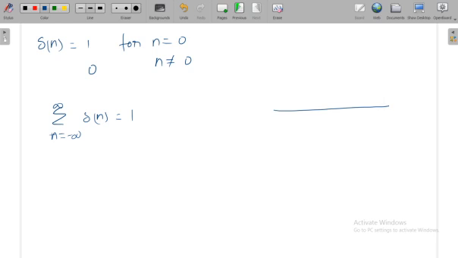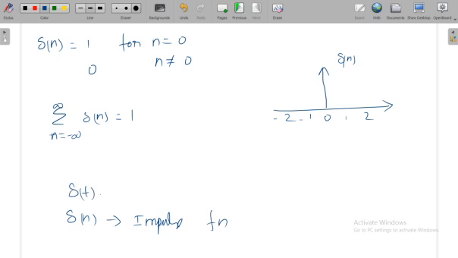Here it goes like this, del n, again 0, 1, 2, minus 1, minus 2, like this. This del n is called the impulse function, and sometimes del t, instead of impulse, is called the Dirac delta function.